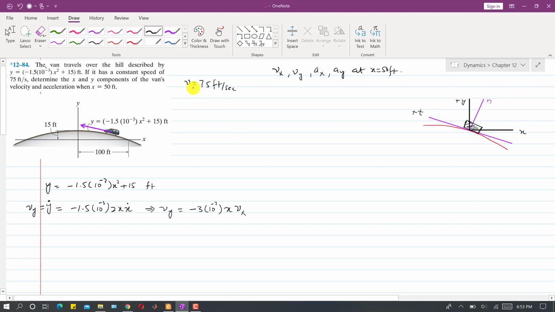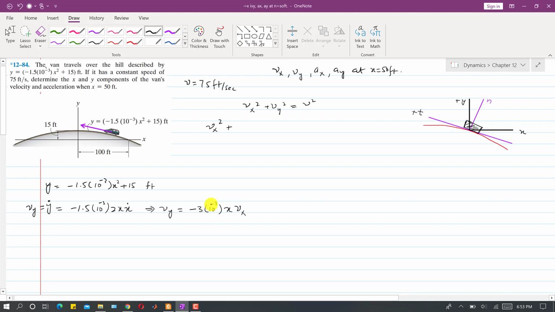Now we are given the velocity magnitude, so vx square plus vy square will be equal to v square. Or we can write it on the other side of the equation. So vx is unknown, so I will write vx square, and vy is equal to this thing in terms of x.